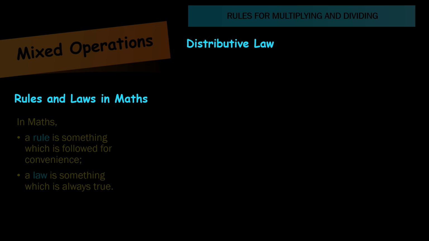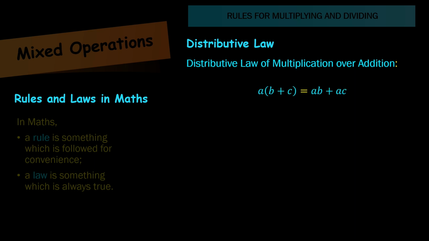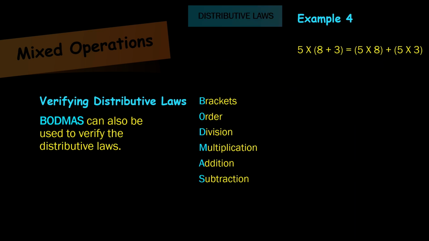We will now take a look at the distributive law of multiplication over addition. We have that a times b plus c equals ab plus ac. We will now use the BODMAS rule to verify the distributive law by using the example shown on the screen.